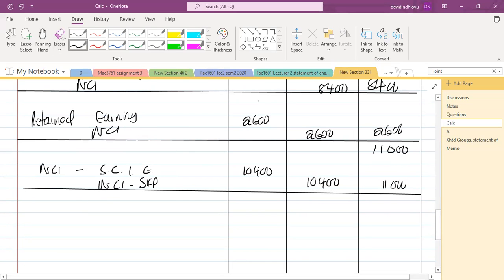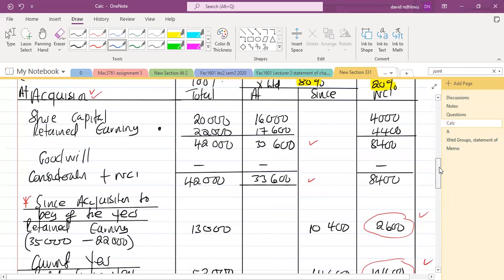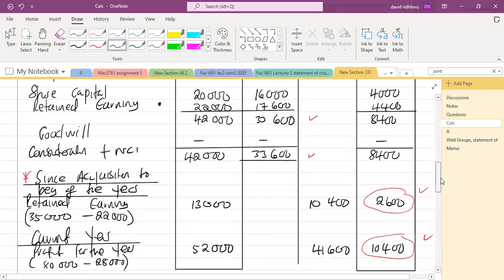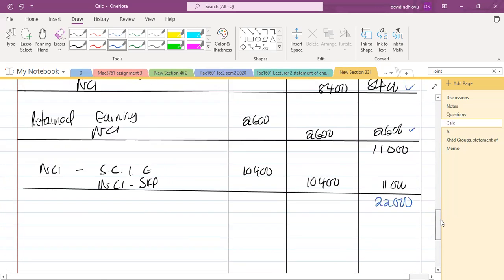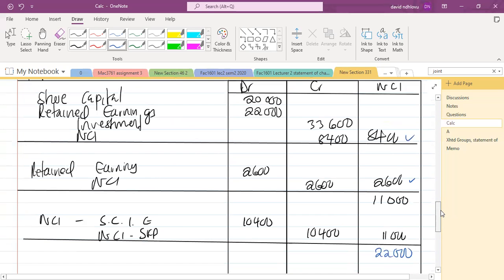We are adding this amount and this amount together. 11,000 plus 11,000, we are going to get a value of 22,000. So this is the closing value of NCI. For this example, you should be comfortable with these journals. You should know how to do these journals. The first assignment will have these journals. Are we clear, good people? Are we following?